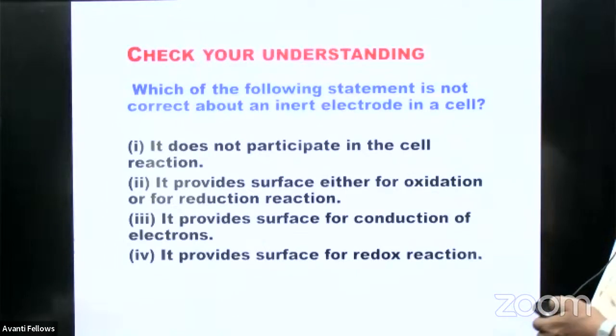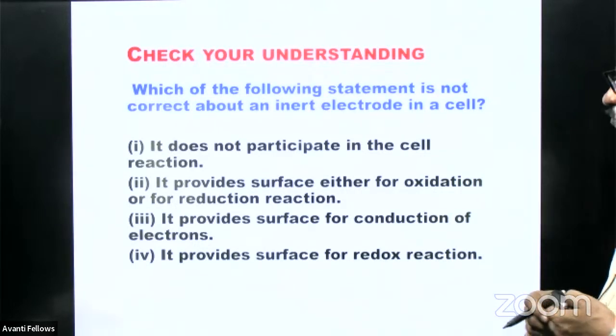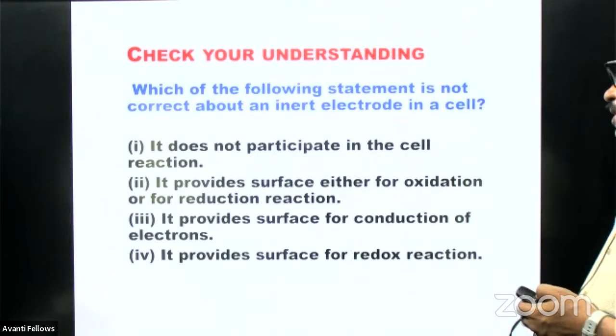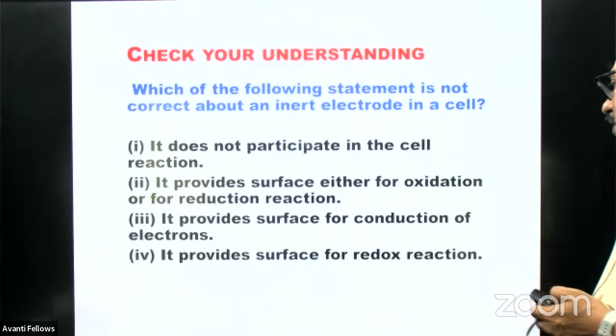Now check your understanding. Which of the following statements is not correct about an inert electrode in a cell? An inert electrode does not participate in a cell reaction. It provides surface either for oxidation or for reduction reaction. It provides surface for conduction of electrons.